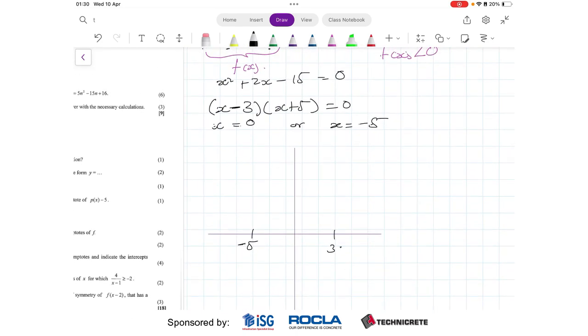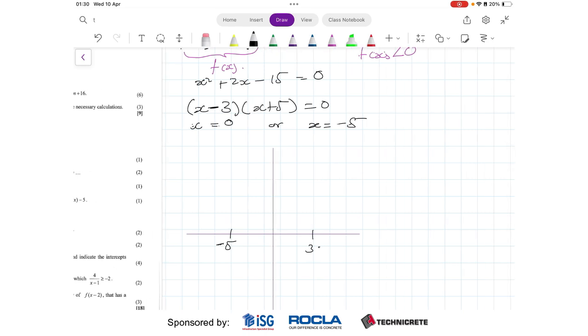The next thing you need to decide is whether your graph of f at x is going to be concave up, or is it going to be concave down? How do you decide which option to go with? Now, the way you decide is very, very easy. Remember that the standard form of our quadratic equation is ax squared plus bx plus c equals 0.